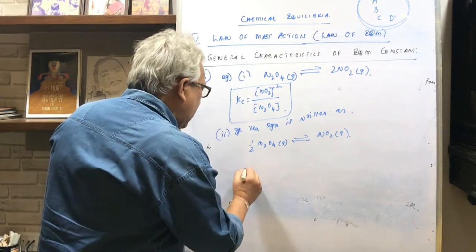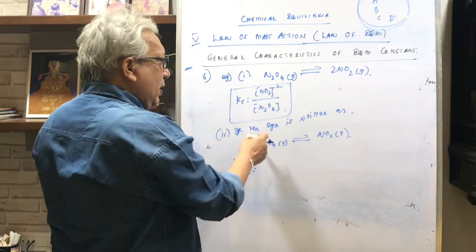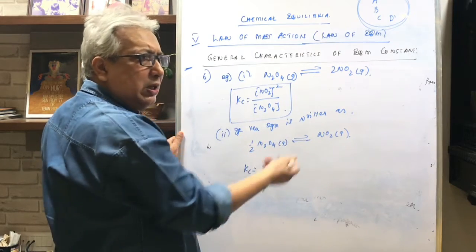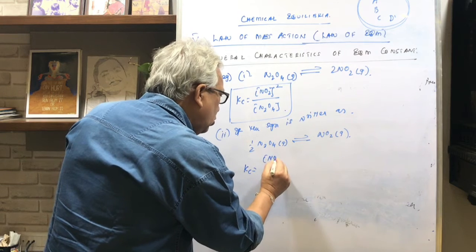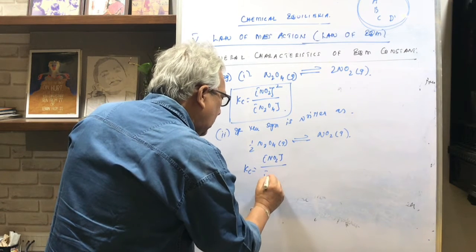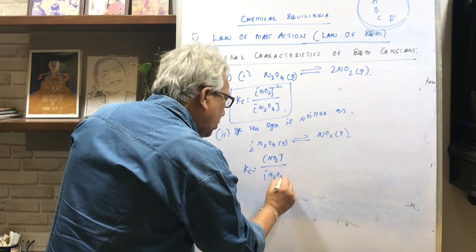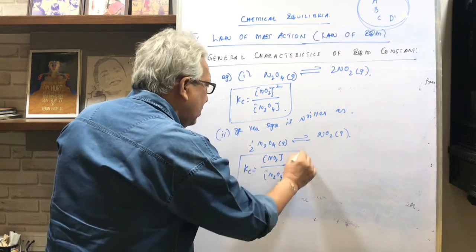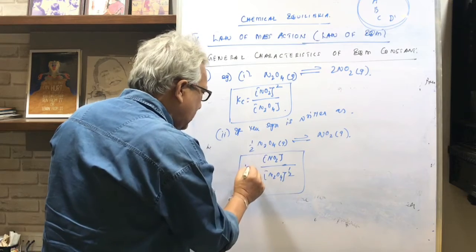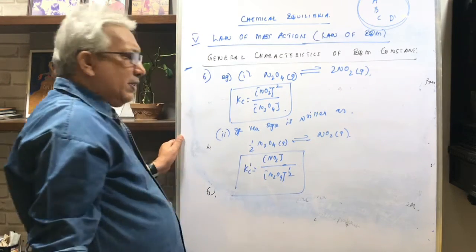The equation is the same, but I have balanced it in a different way. So Kc will become NO2 upon N2O4 raised to half. This is another Kc I have written, so K dash C, let us say.